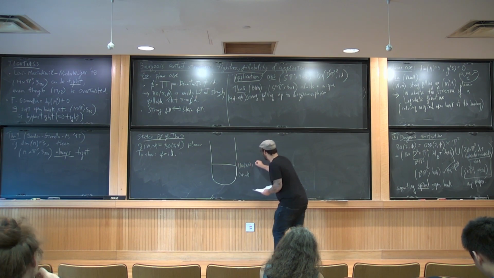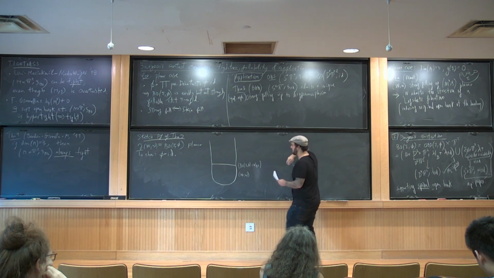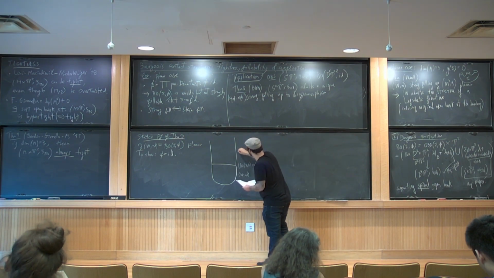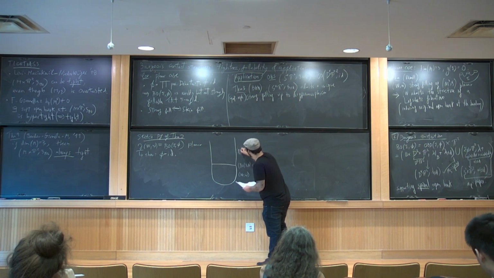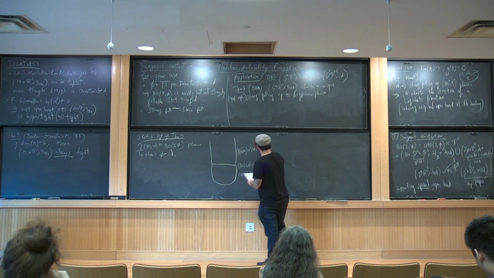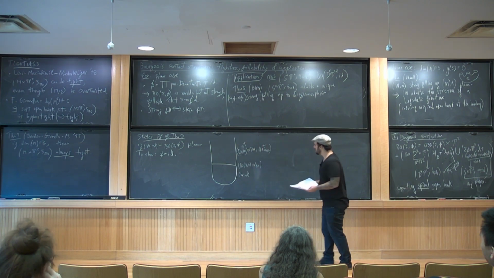with its contact form, alpha Bourgeois, which is that one. And then I attach a cylindrical end, so this looks like boundary of W times 0 plus infinity times boundary of W with symplectic form d e to the t of alpha Bourgeois. So over here, t is this coordinate.